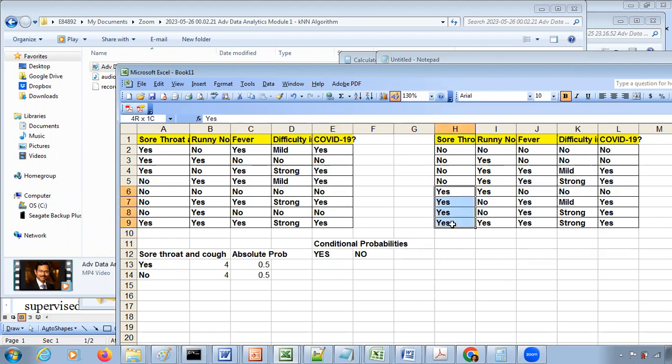There are 4 records that have yes for sore throat. Out of these 4 records, how many have yes for the class? And here you notice 3 of the 4 have yes for the class. That means given that someone has sore throat and cough equals yes, what's the probability that COVID-19 equals yes? That's what it means. So that's 3 over 4.